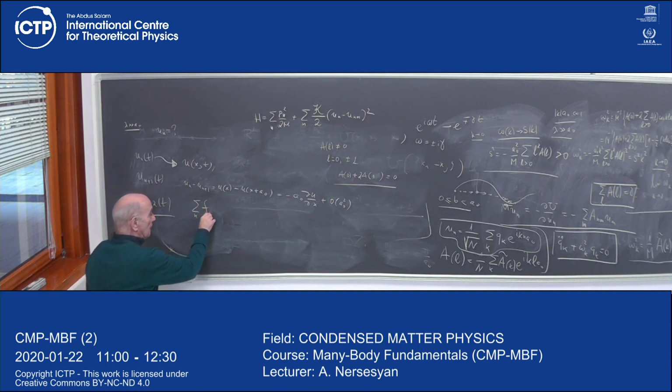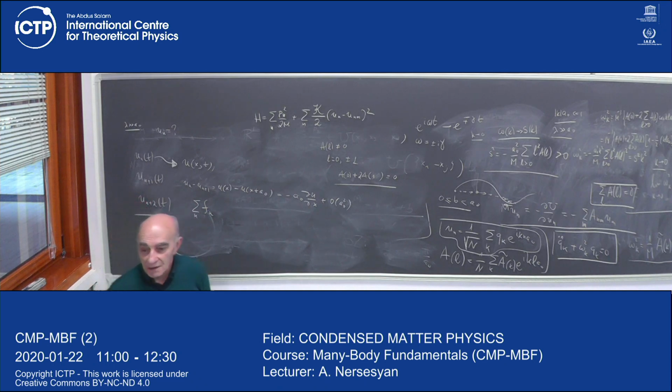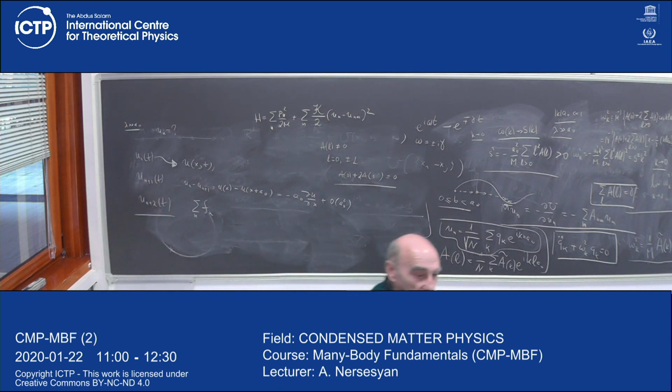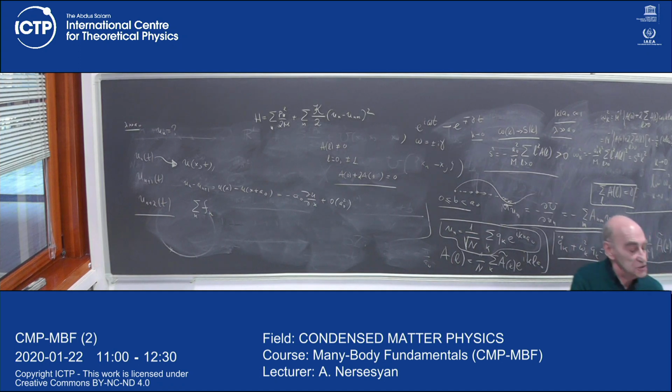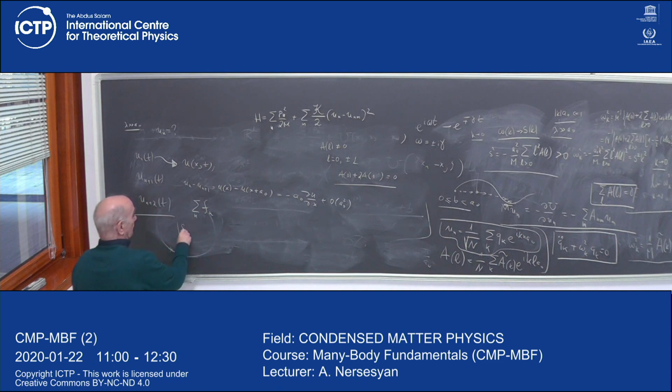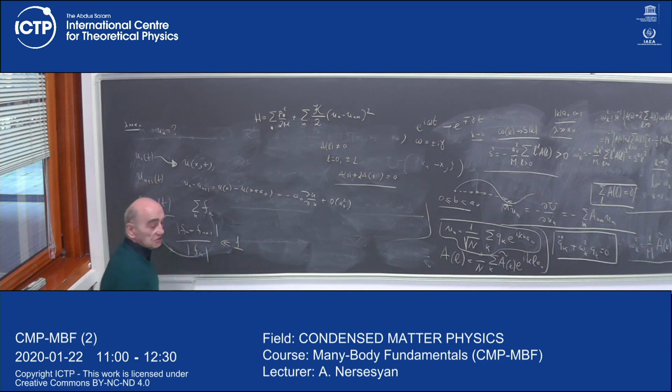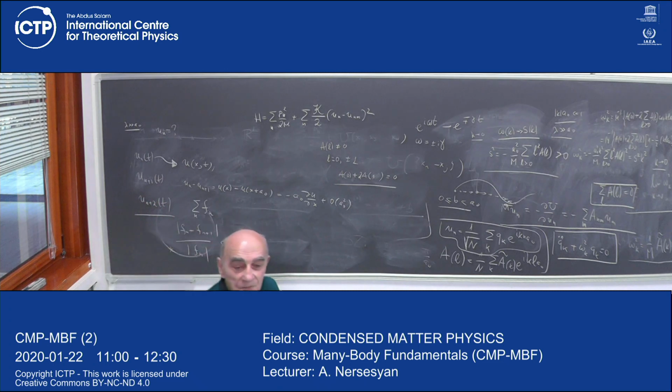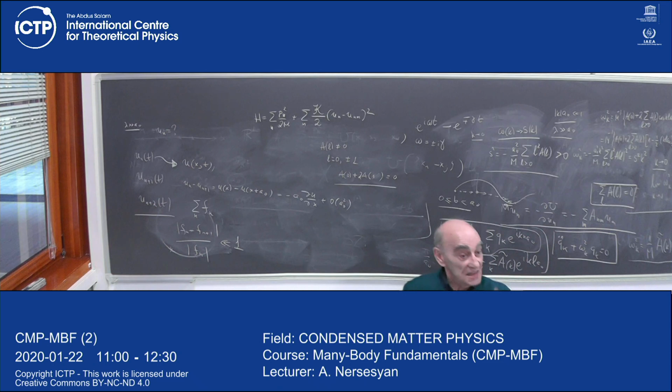Now, if I have some function f of n, which is being summed over all n, under the condition that this function is smooth, which means f n minus f n plus 1, divided by the absolute value of f n, is much smaller than 1, the relative change of the function is much smaller than its value at this point, right?